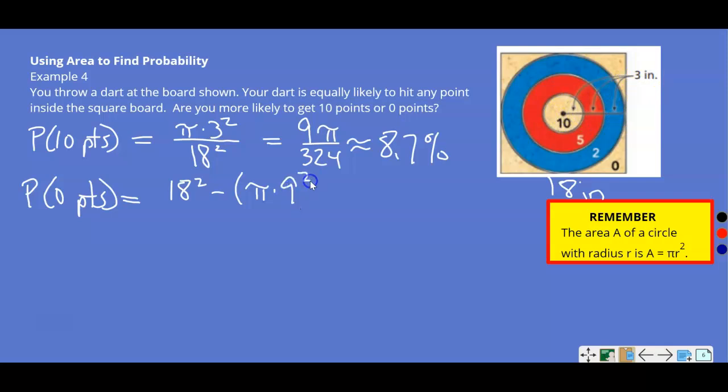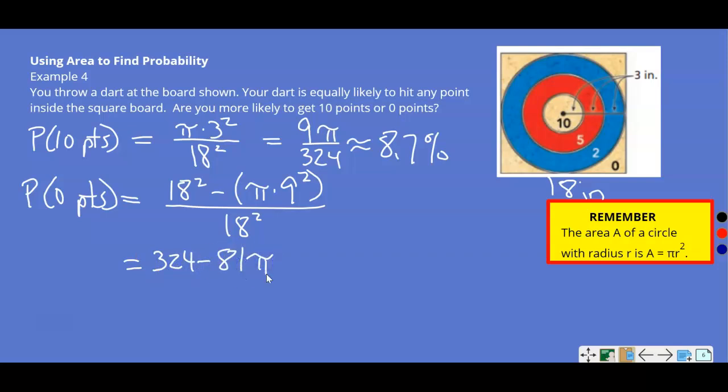And then again, the probability is always over the whole. So that's going to be over 18 squared as well. If we do a little simplifying, 18 squared, we already know is 324, minus 9 squared is 81.